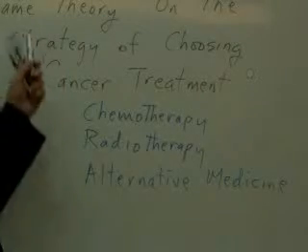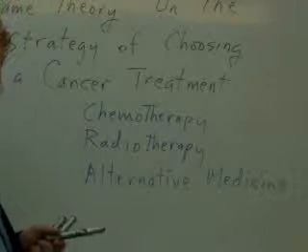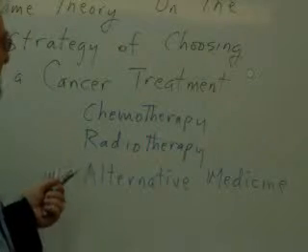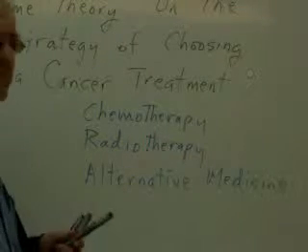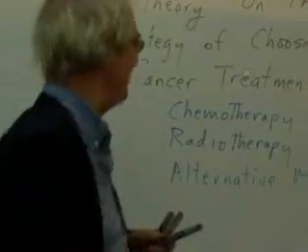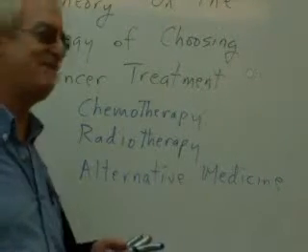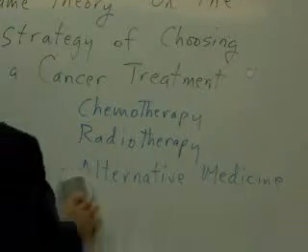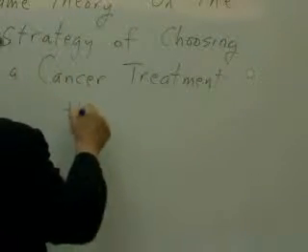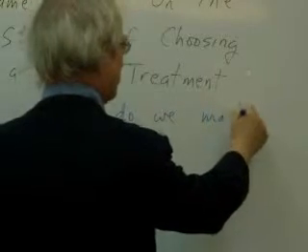The idea here is game theory as applied to choosing cancer treatment. And of course, these are three possible choices for treating cancer, at least what people use today. But the question is, how do we make a decision?